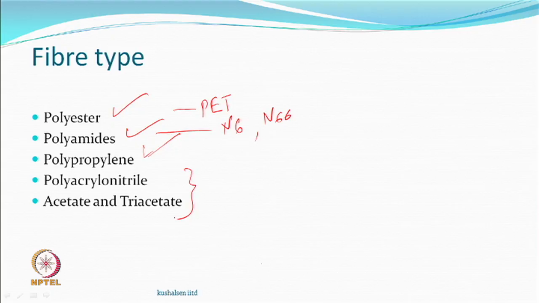Polyacrylonitrile, which is otherwise a beautiful material, acetate, triacetate, they are thermoplastic because the hydroxyl groups have been replaced and the new group of the acetate does not form that type of hydrogen bonding.